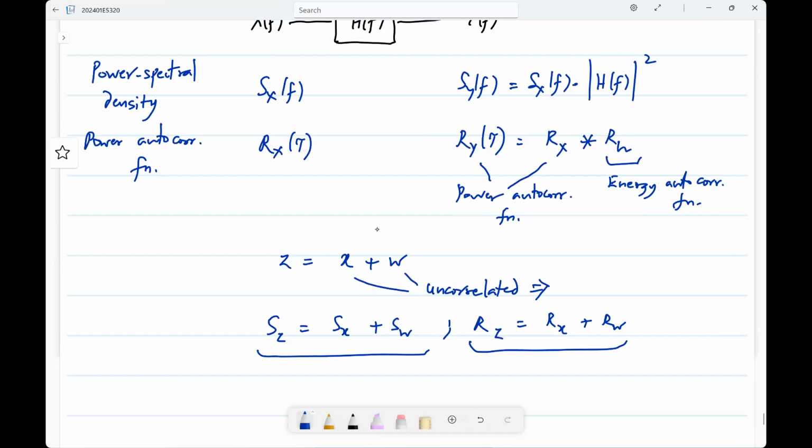So with this background, we can go on to noise of the actual circuit components. So far, I have not actually talked about circuits, right? I just only talked about how autocorrelations or spectral densities get modified as they go through transfer functions. But we need to know how much noise is there in a resistor or a MOS transistor in the first place.